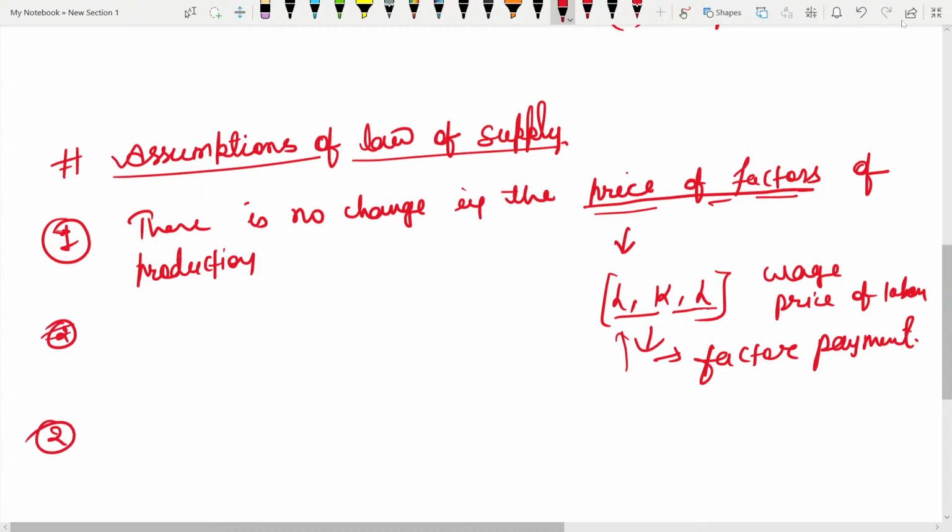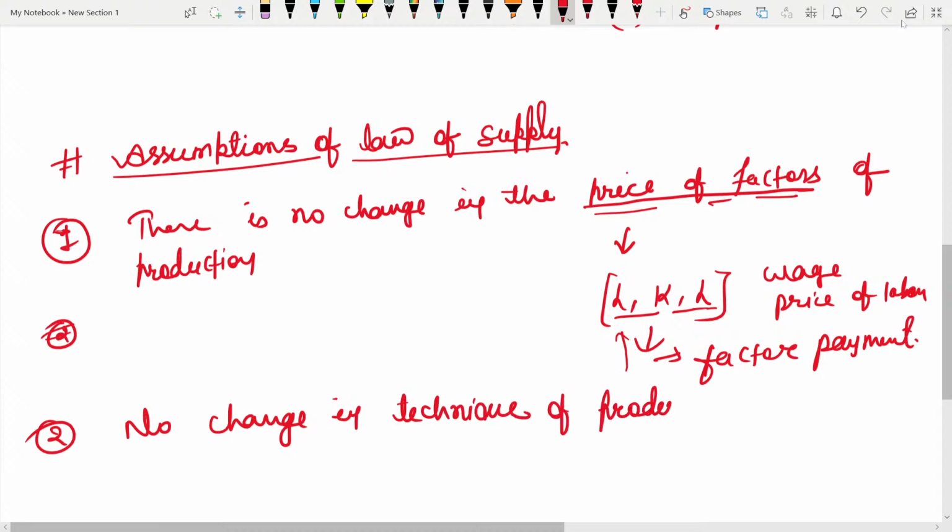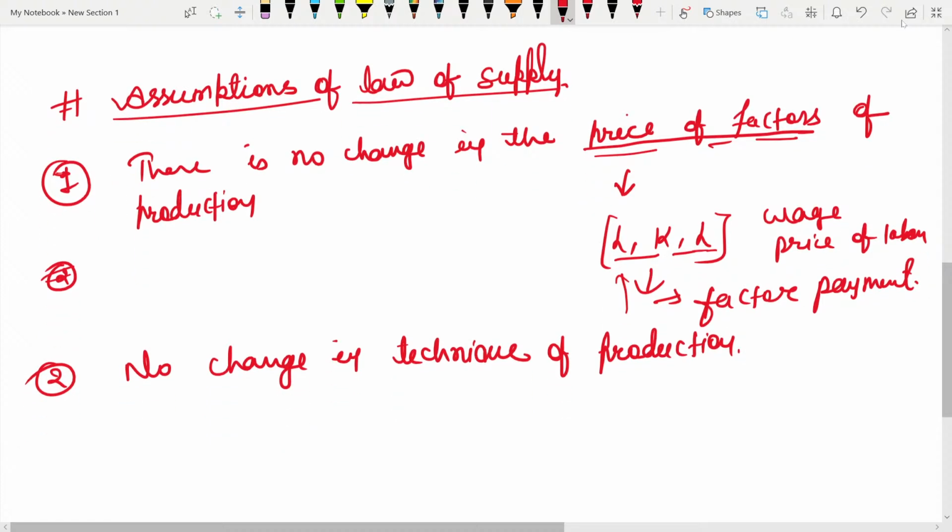Second, in both, we can say there is no change in techniques of production. Let's suppose what will happen if techniques of production would change. Suppose the technique is just improved.